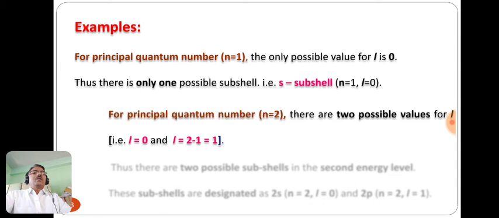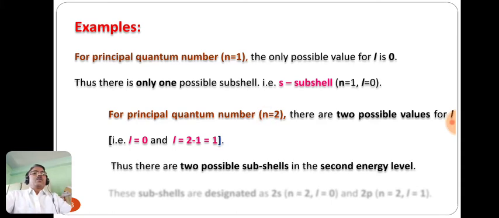For example, consider the second case. If the principal quantum number is n equals 2, then there are two possible values that lie from 0 to n minus 1, that is, first is 0 and second is 2 minus 1, that is equal to 1. Means l equal to 0 and l equals 1. These are the two possible values for the azimuthal quantum number when n equals 2.